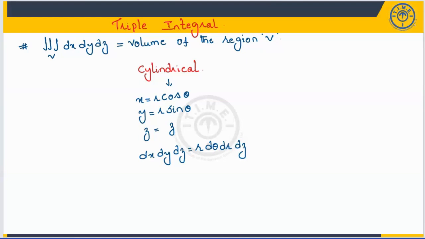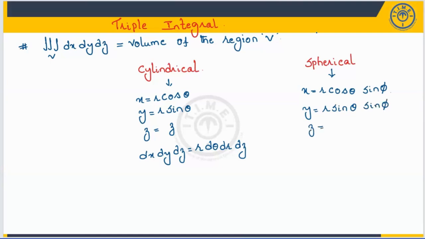But when it comes to spherical, it is totally different. When we talk about spherical coordinates, we take x is equal to r cos theta sin phi, y is equal to r sin theta sin phi, and z is equal to r cos phi, and dx dy dz is r square sin phi dr d theta d phi.